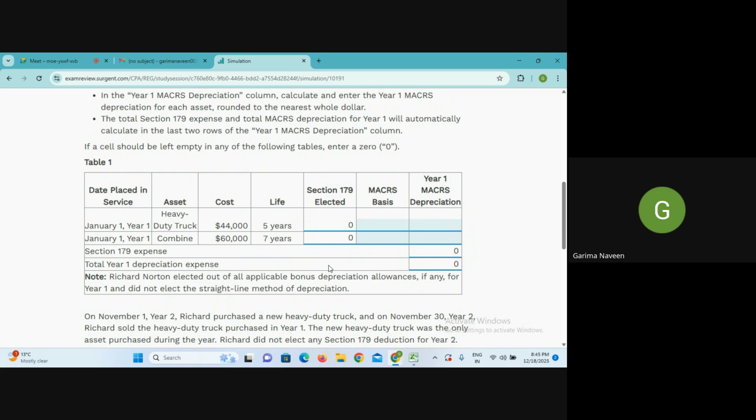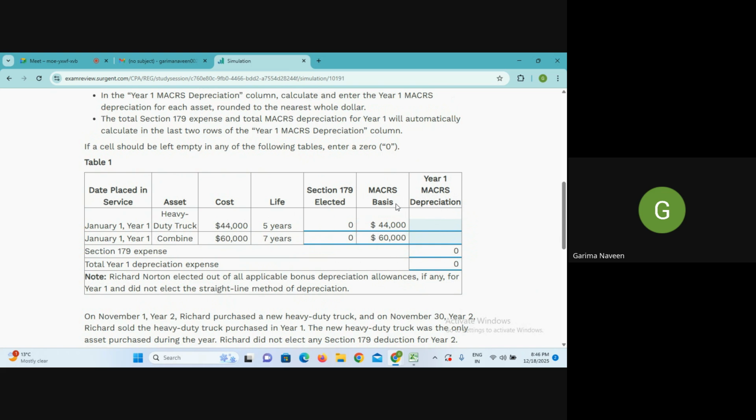Okay. So since it is a case of net loss, you will not get any deduction for 179. Next, for makers basis: since no amount can be deducted here, the full amount will be subjected to depreciation.